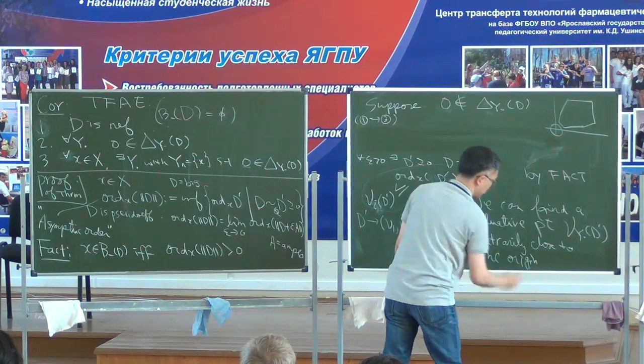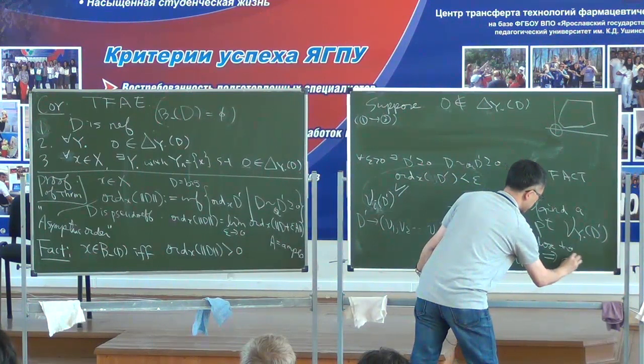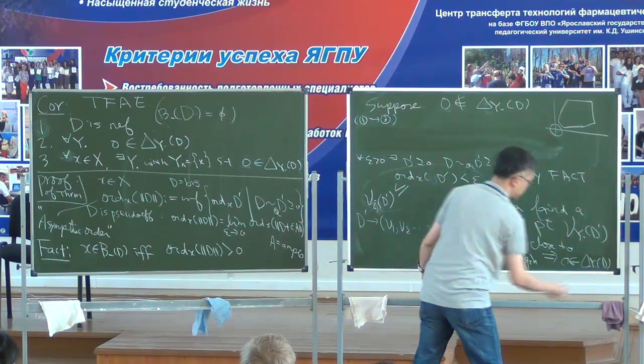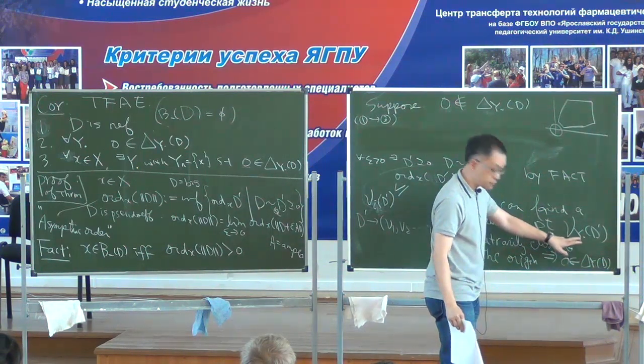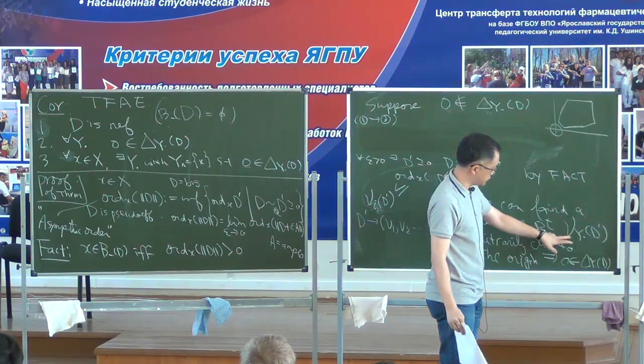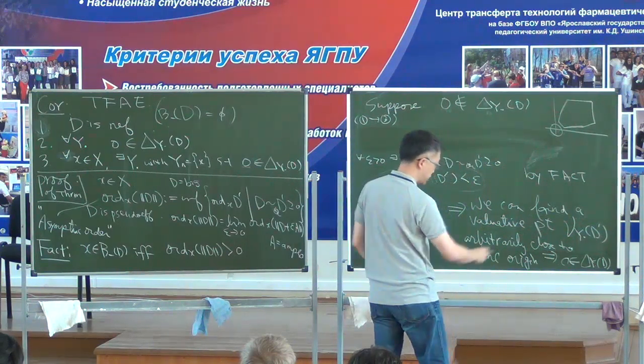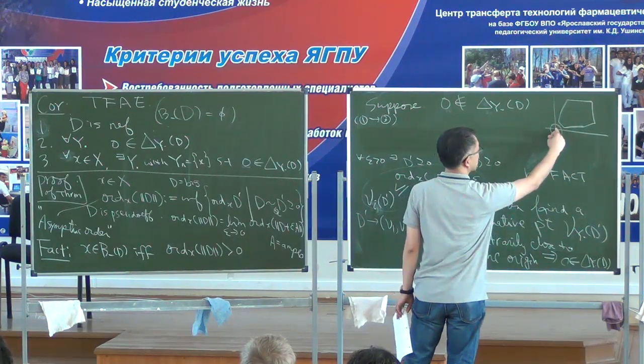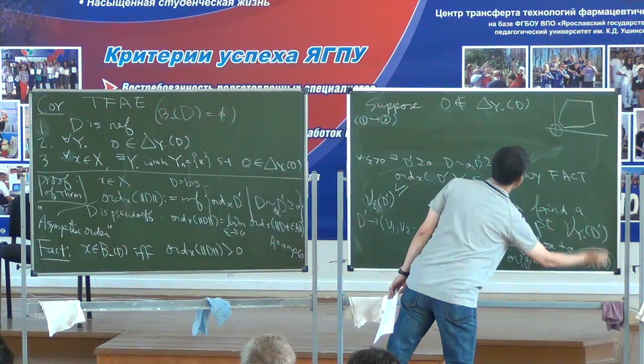Okay. So this means 0 must be contained in the Okounkov body. Because in the construction of the Okounkov body, we have to take the closure. But we have found a point which is arbitrarily close to the origin. So here we have a contradiction.